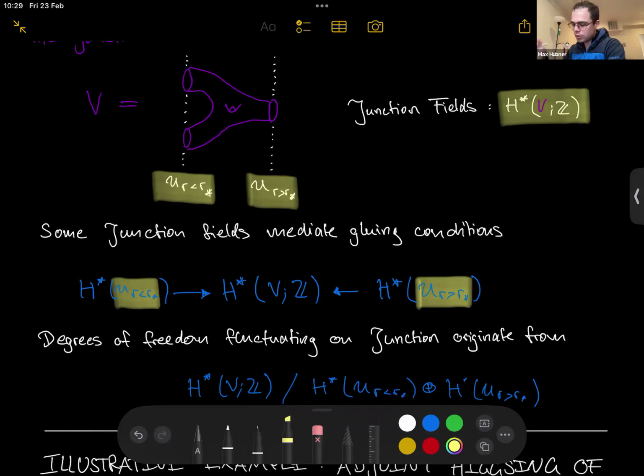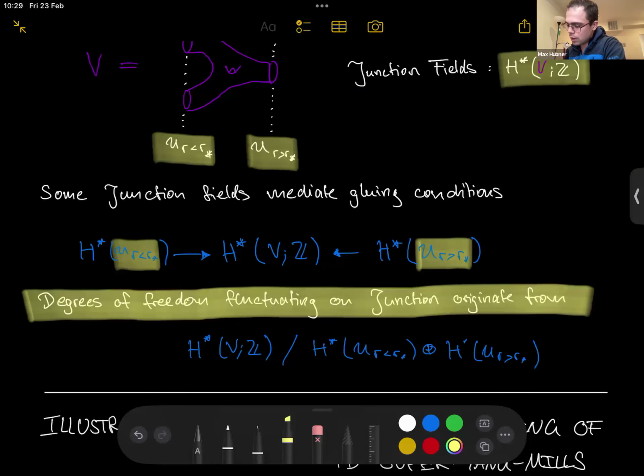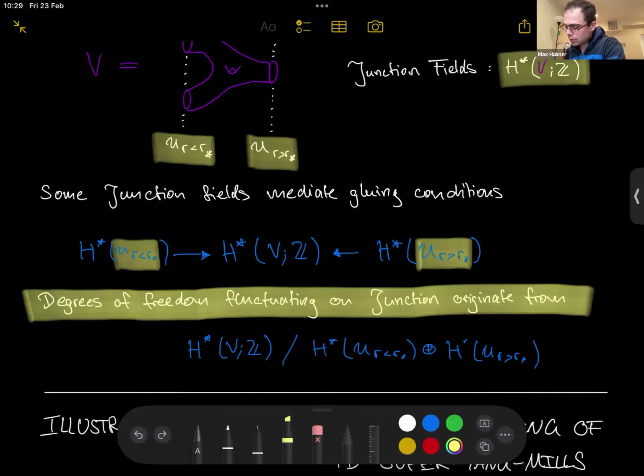So the junction fields that I get from the image of these two maps are going to formulate gluing conditions between the in-running legs. Everything that's not fixed by a gluing condition is going to remain fluctuating. And so these are the degrees of freedom fluctuating on the junctions. And they can be characterized via this cokernel: all junction fields modulo those fixed by boundary conditions.